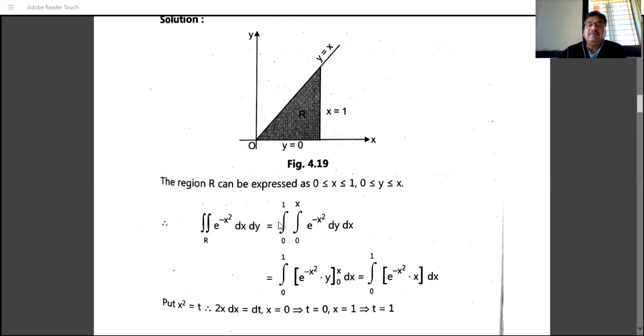So we have the limits 0 to x on y, and in order to cover this region, we have to move the strip from this point to this point, that is, x runs from 0 to 1. Okay.